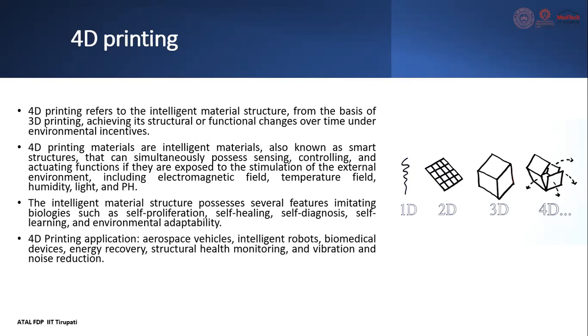There can be smart structures. By the application of an external field, you can try to distort or change the structure or do anything with respect to the object. That is what 4D is.